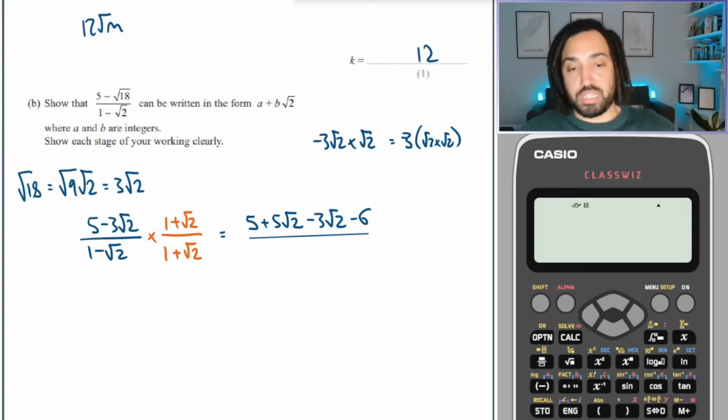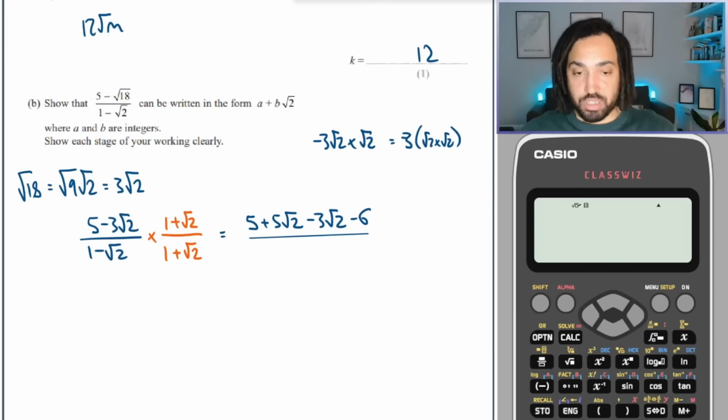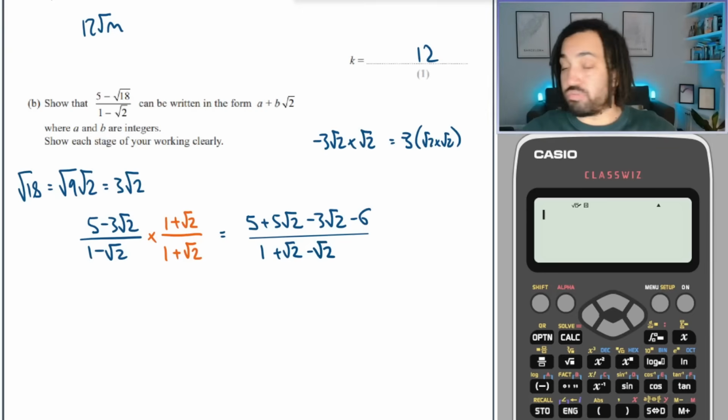And on the bottom, we're going to get a nice little cancellation, but I'll just go through each step anyhow. 1 times 1 is 1. 1 times root 2 is root 2. Minus root 2 times 1 is minus root 2. And minus root 2 times root 2 is minus 2.